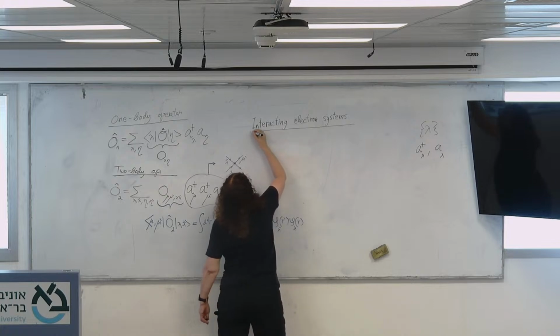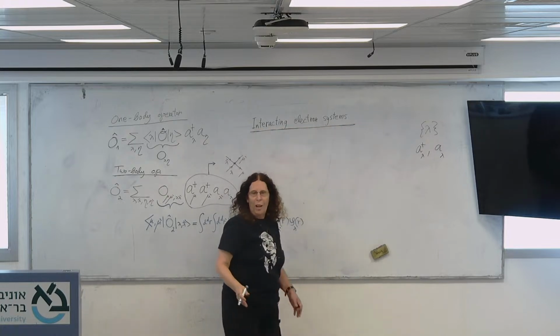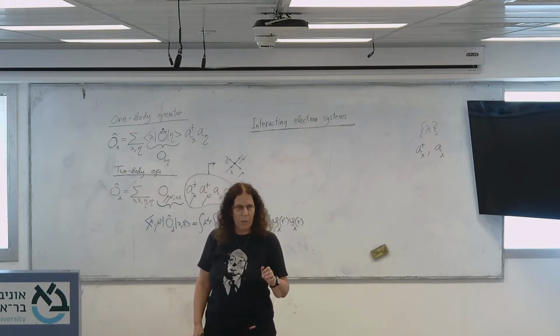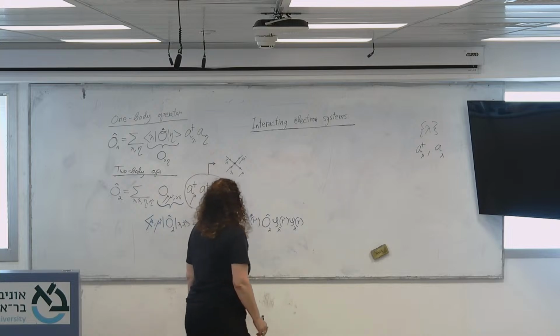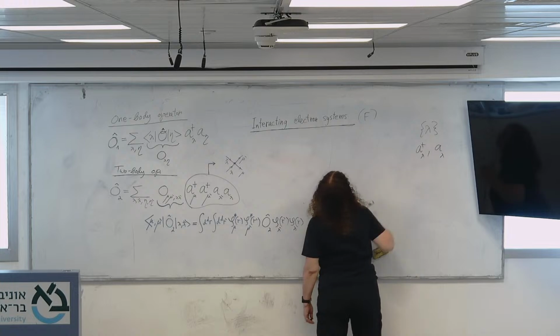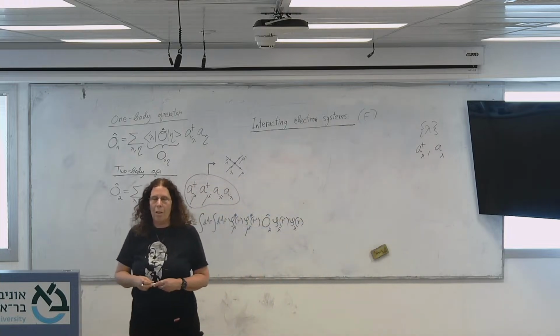Okay, and actually when I say electrons, they don't have to be electrons, they can be any kind of fermions, but fermions is important. This is an important property of the system.